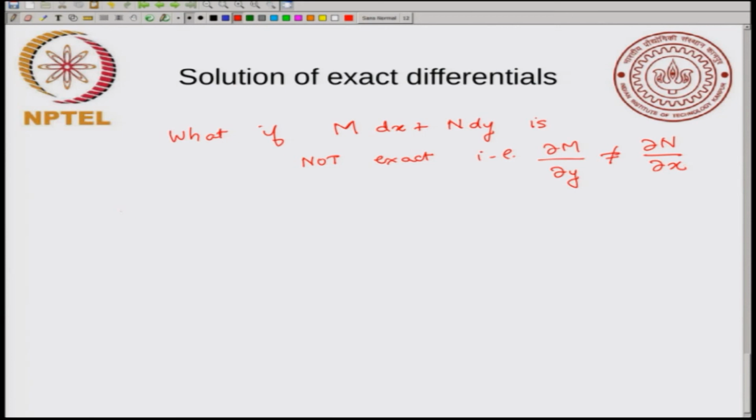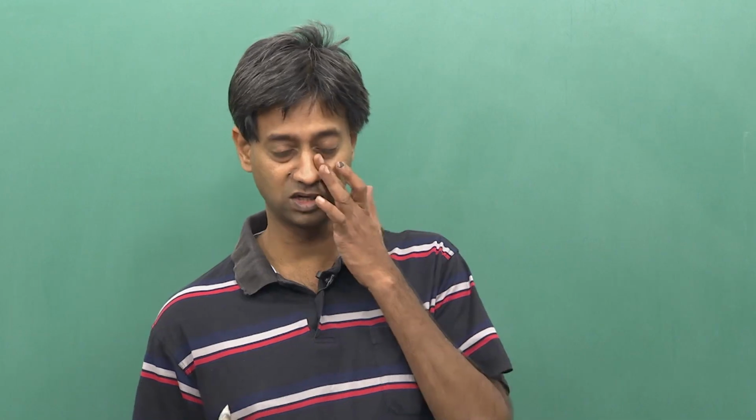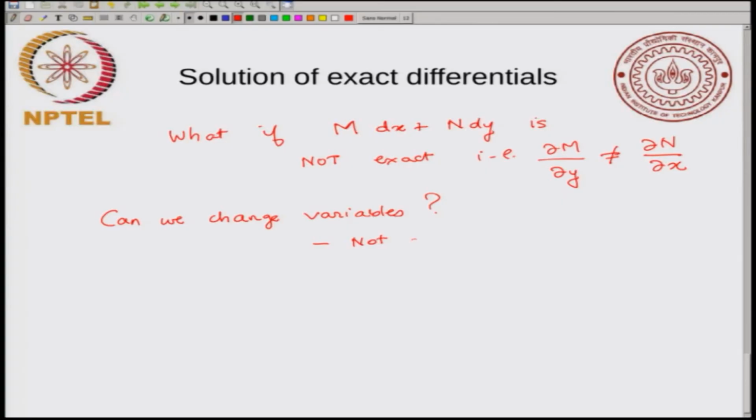One is, can we change variables? Sometimes you are able to find some tricks where you suitably change variables and suddenly you get the solution. Okay. So, this is not always reliable. It might not be possible. So, you just have to see whether you can change variables and get to this.